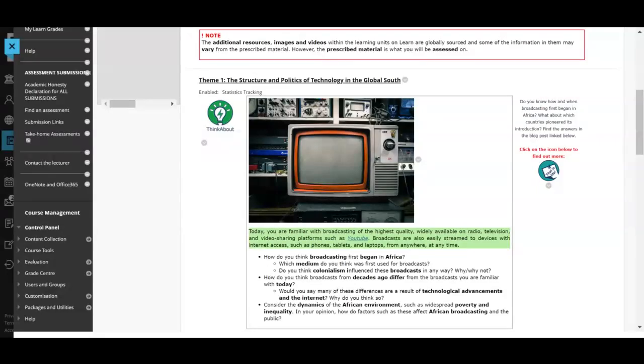All right, so then let's move on to Learning Unit 2, specifically focusing on Theme 1. If we go by the pacer, you guys should be working on Theme 1 currently, which is our first introduction to the concept of our global south.